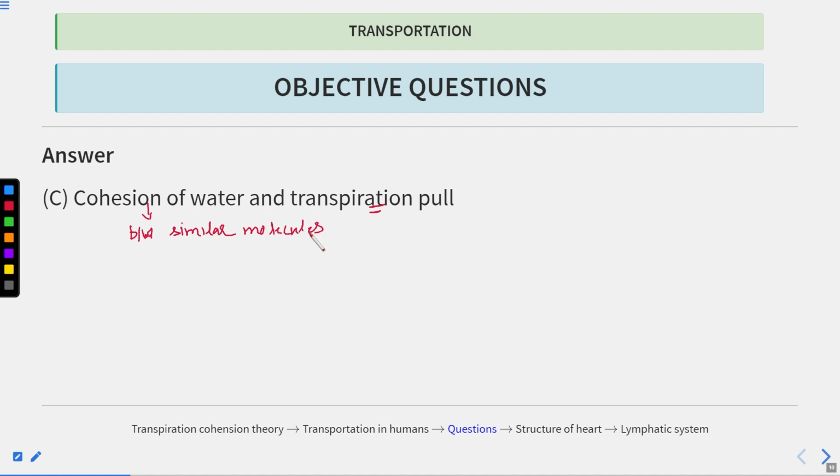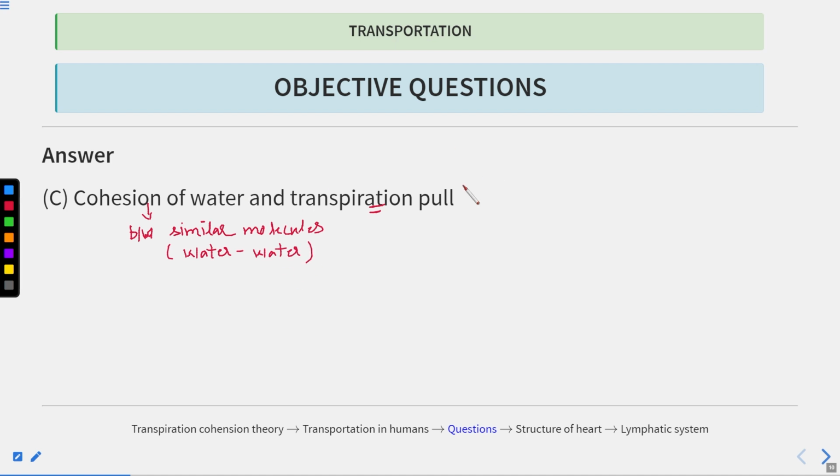So these adhesive forces are between dissimilar molecules, such as water and the wall of the vessels. So this cohesion force is between the similar molecules such as water and water.